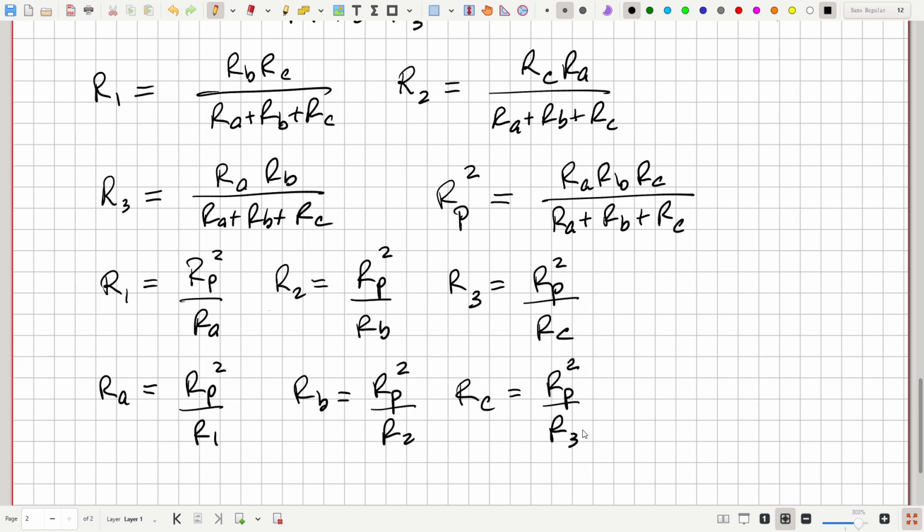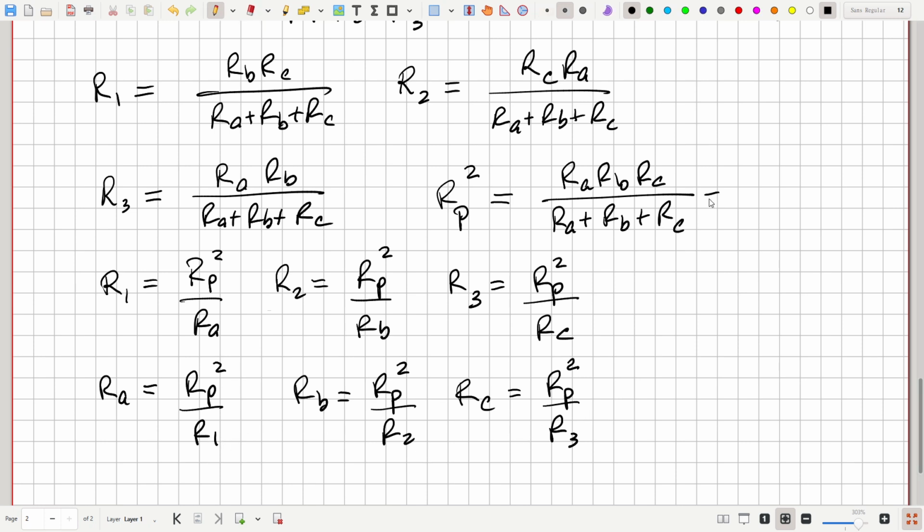Now, to use this, of course, we would need to be able to express RP in terms of R1, 2, and 3. So what is RP? It's the product over the sum. Well, what we can do is come in here and take this expression for RP squared, and just plug in what our RA, B, and C are in terms of R1, 2, and 3.